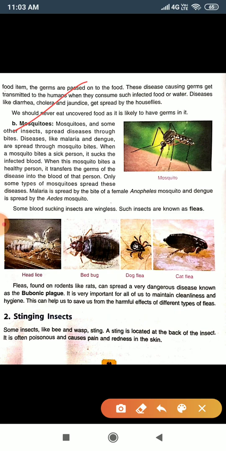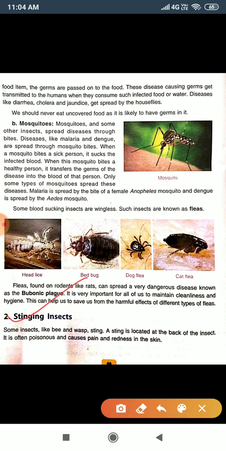Now come to the second category, the stinging insects. Some insects like bees and wasps sting. They have a sting located at the back of the insect, and it is often poisonous and causes pain and redness in the skin.